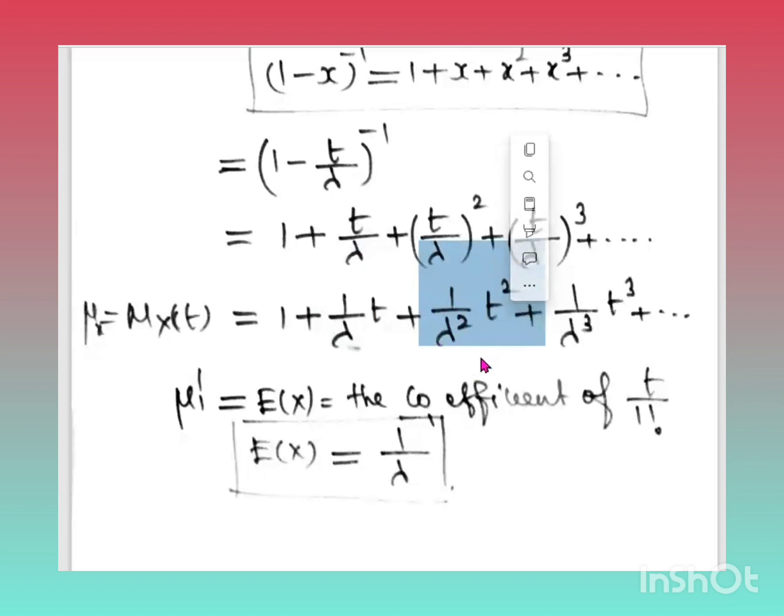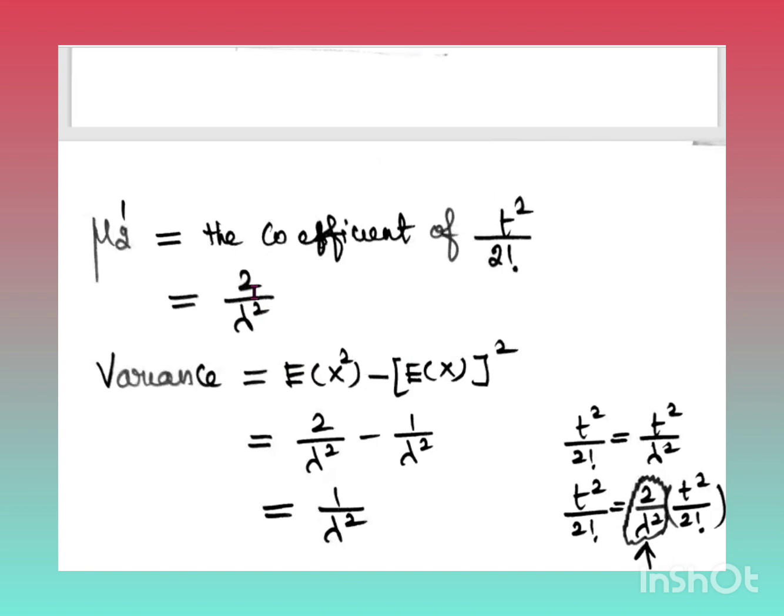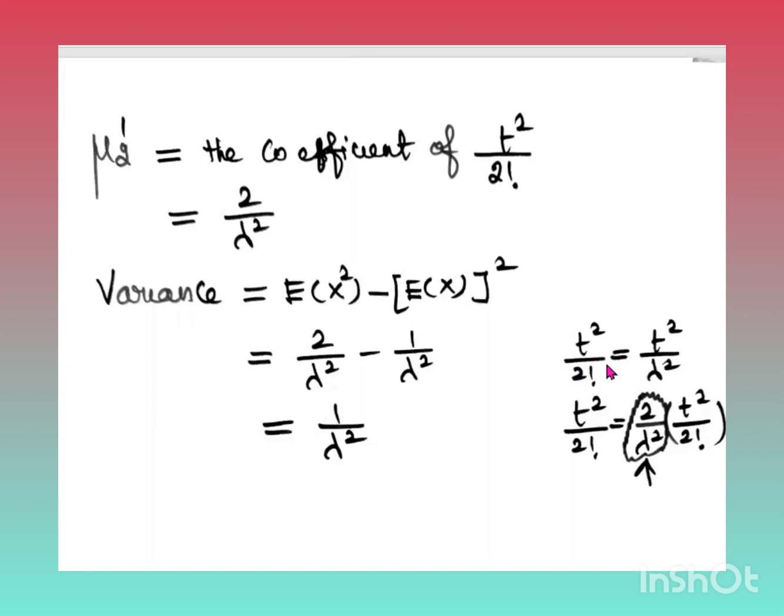So the coefficient of t square divided by 2 factorial is 2 by lambda square. So that's why I have written here mu 2 dash as 2 by lambda square.